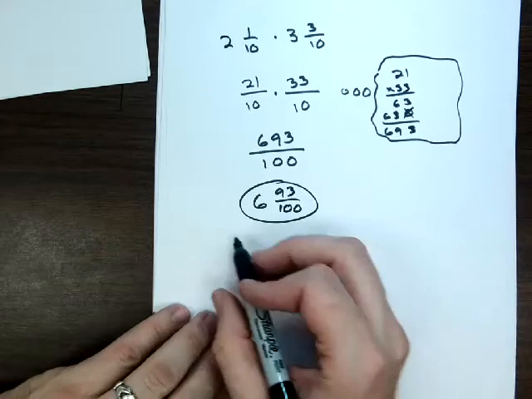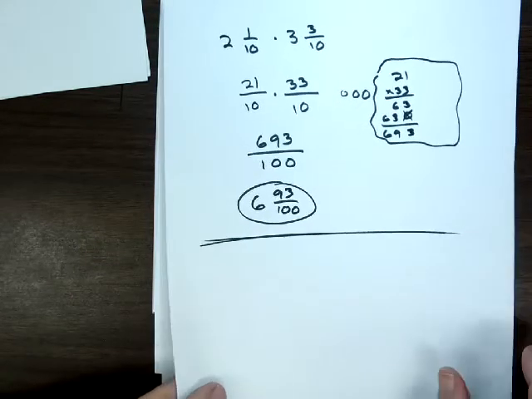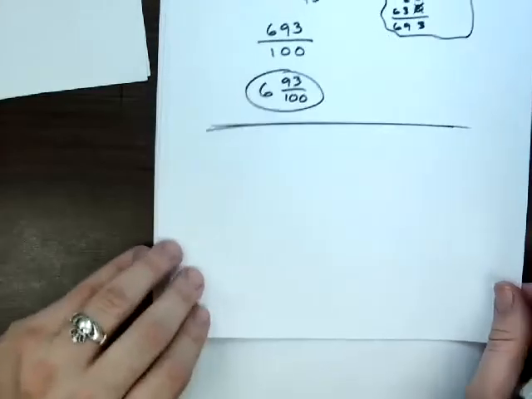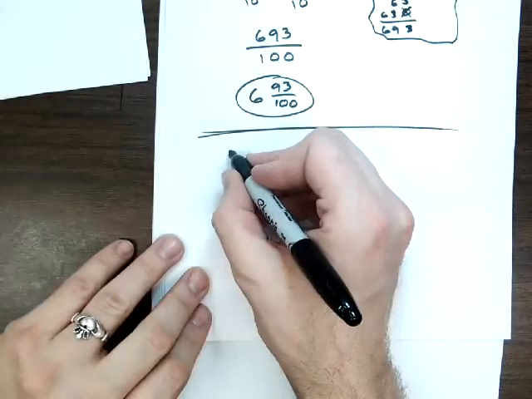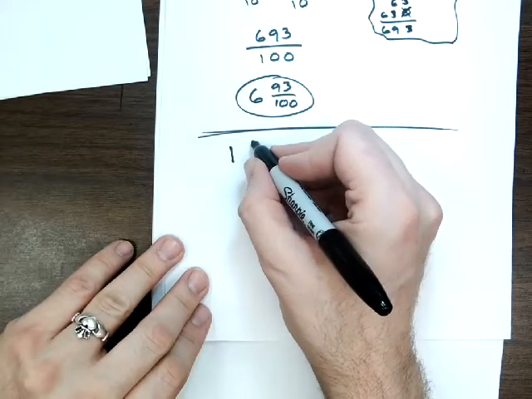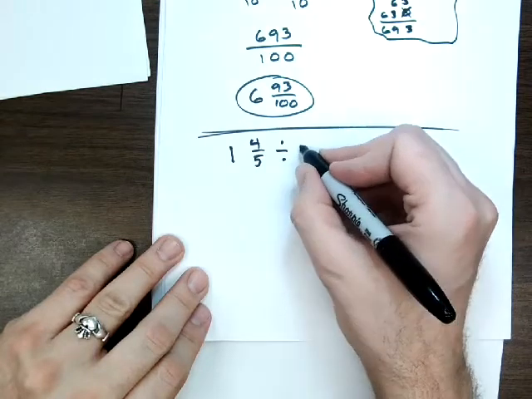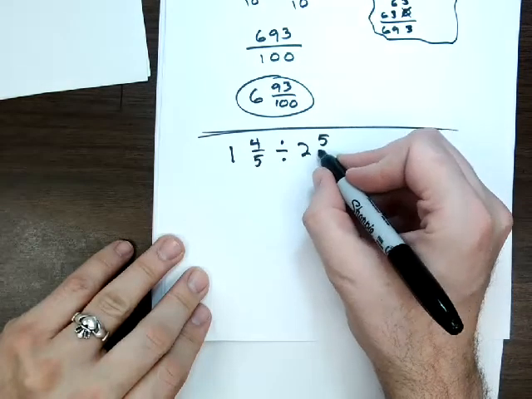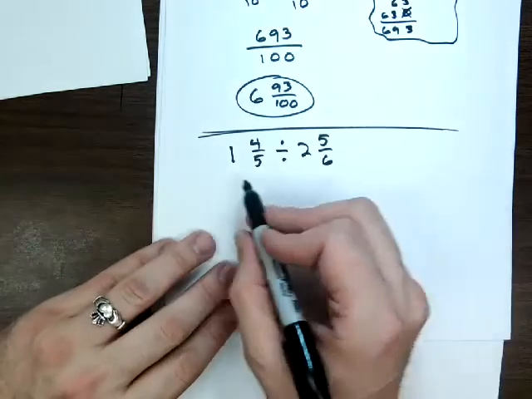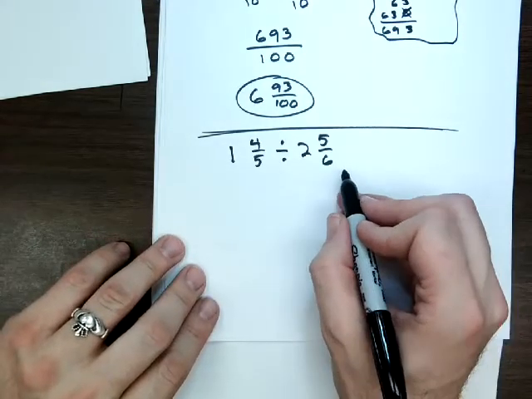Okay, let's do this with some division, see what happens. Let's try doing something like this. I'm going to do 1 and 4/5, and I'm going to divide this by 2 and 5/6. Now, before we do anything, we have to convert to improper fractions.